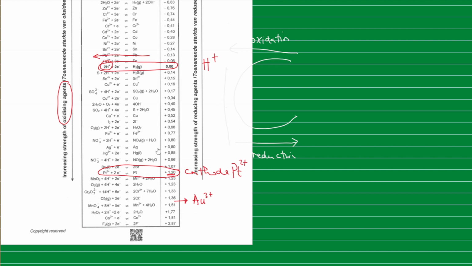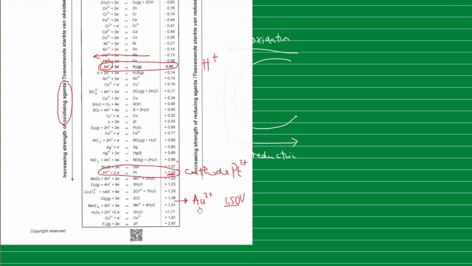In other words, the further away your half cells are, further away I mean we had a platinum here and a hydrogen. Now this gave us a 1,20. Now this one gave us a 1,50 volt. So we'll see that the EMF of the cell gave us a higher value.